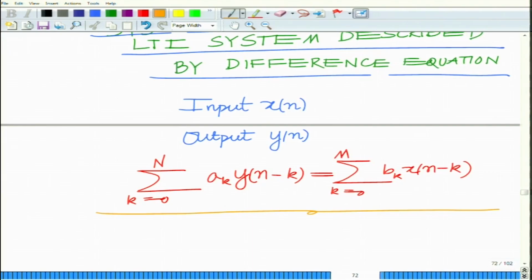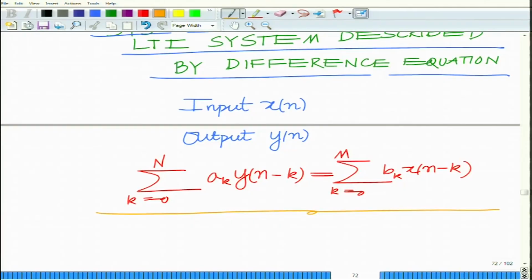We have seen the summation of a_k times the kth derivative of y(t) equals the summation over k from 0 to M of b_k times the kth derivative of x(t). That is a differential equation, correct. This is a difference equation for discrete time signals.